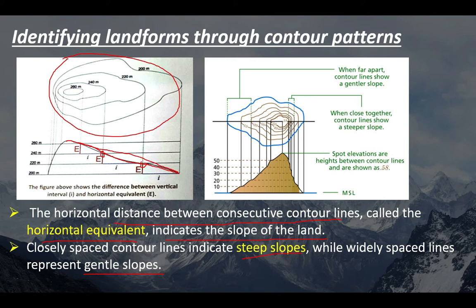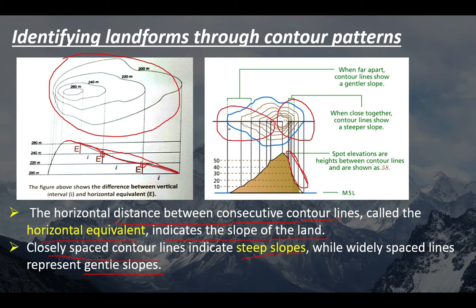The steep slopes have closely spaced contour lines. In this picture, this area has steep slopes. Here the contour lines are closely spaced, the distance between the consecutive contour lines is very small compared with this side.